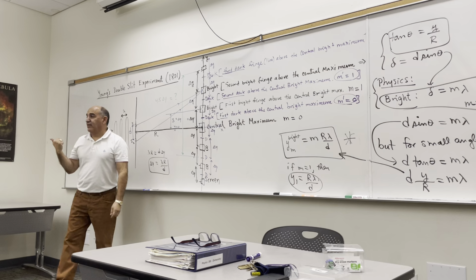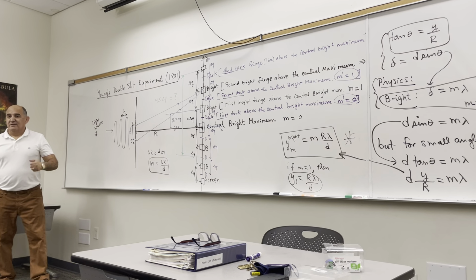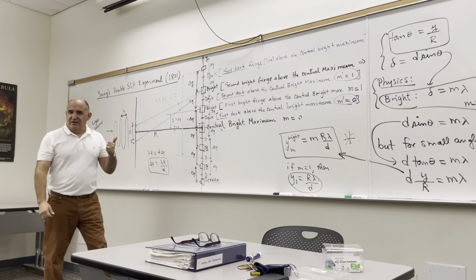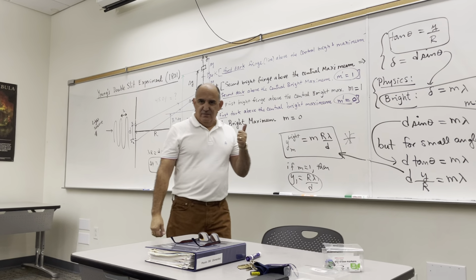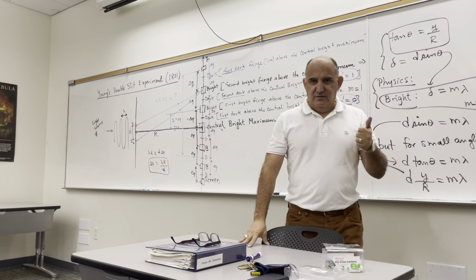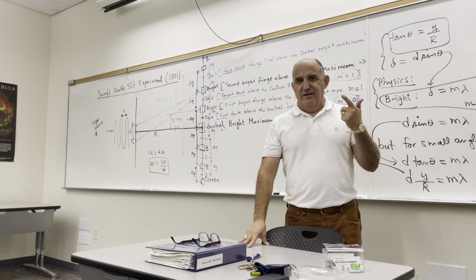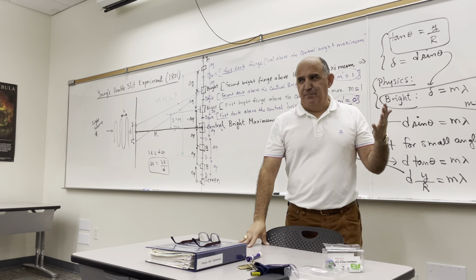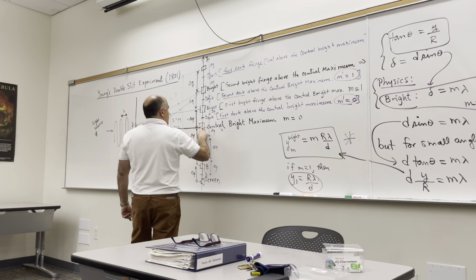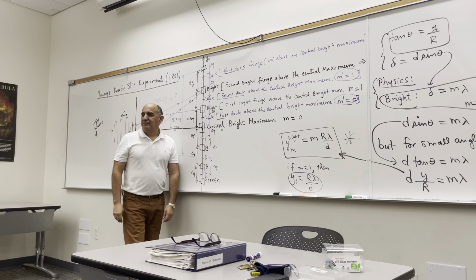It's bright. So what are the only possibilities? It's in phase. Which means, what are the values? 0, 2 pi, 4 pi, 6 pi, 8 pi. So 0, 2 pi, 4 pi. The answer is 4 pi.